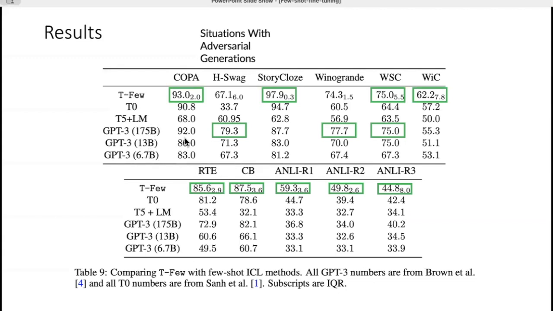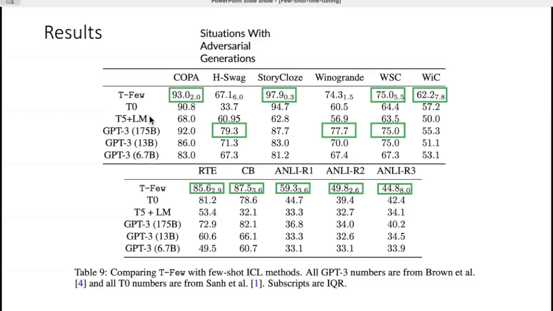All of these numbers are in-context learning examples, and they want to see whether few-shot fine-tuning can improve the performance. First we need to verify that.